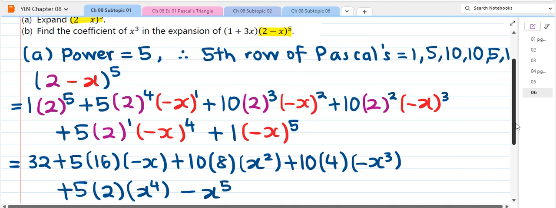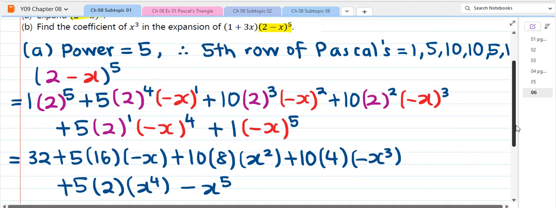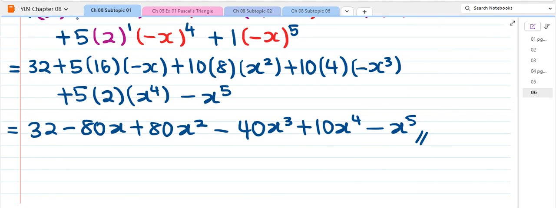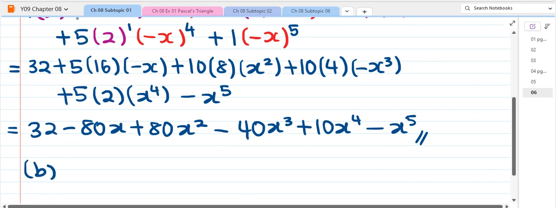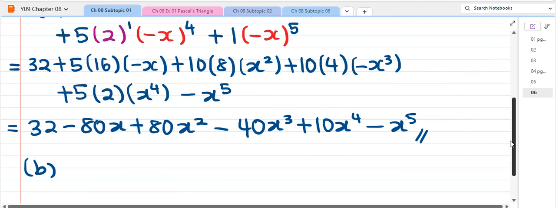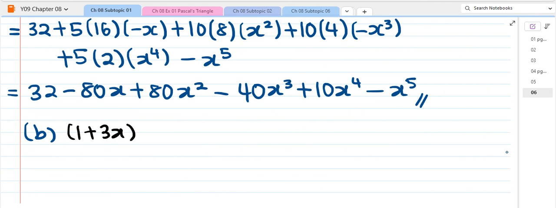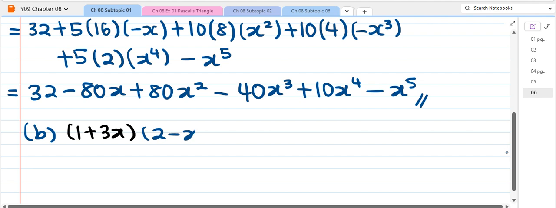So the next one is find the coefficient of x cubed in the expansion of 1 plus 3x. Okay, so let's write down that one first. The 1 plus 3x bracket times 2 minus x to the power of 5.